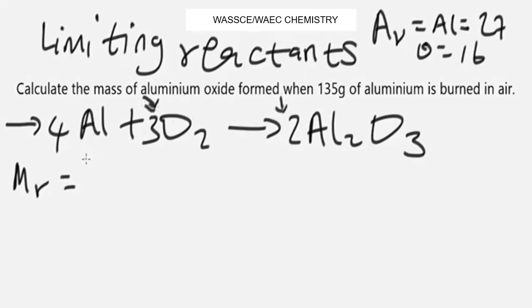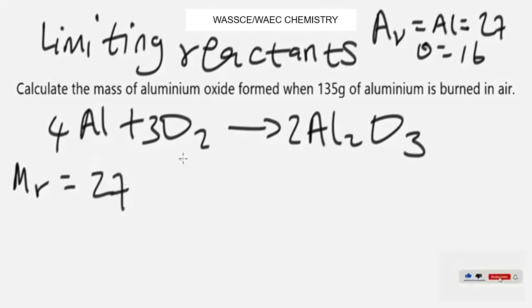Normally you would have included it when calculating the relative formula mass, but when you are dealing with limiting reactants, don't include the mole number. So take note of this. Now let's go ahead and get the relative formula mass. Aluminium here is 27.